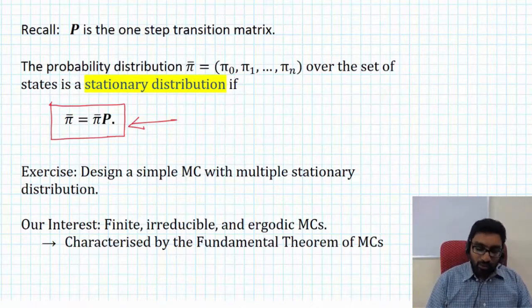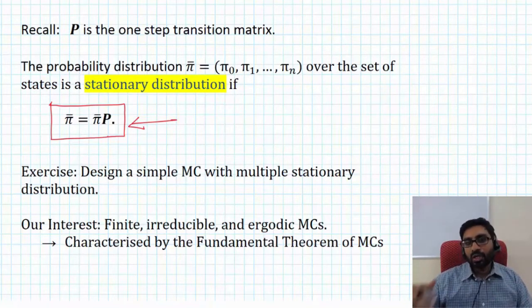You can think of this distribution as the state in which the Markov chain will be infinitely far out into the future, once it has reached some steady state.